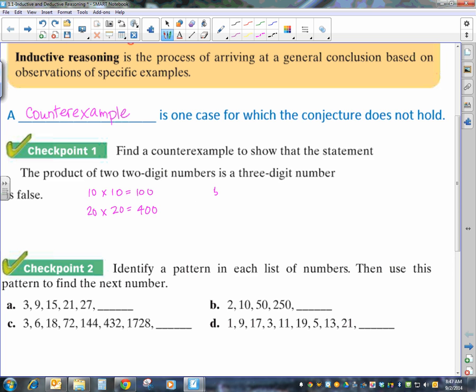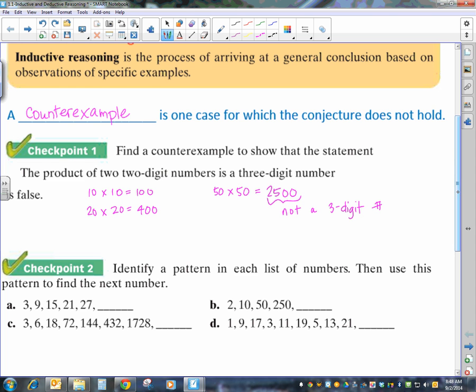What if I went 50 times 50, and that equals 2,500? Oops, not 25,000. 2,500. And that clearly is not a three-digit number. So we have given a counterexample to show that the statement is false.